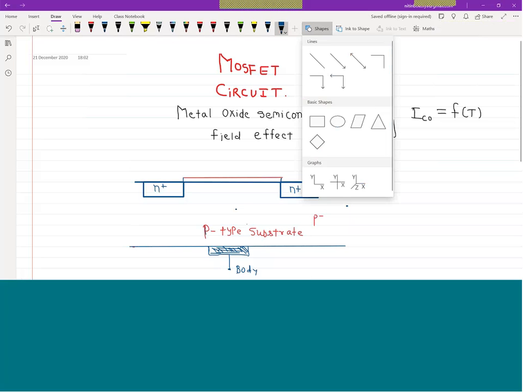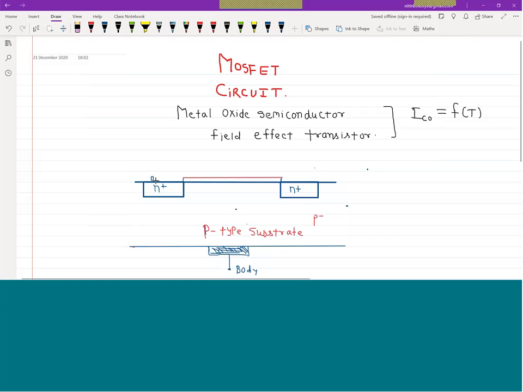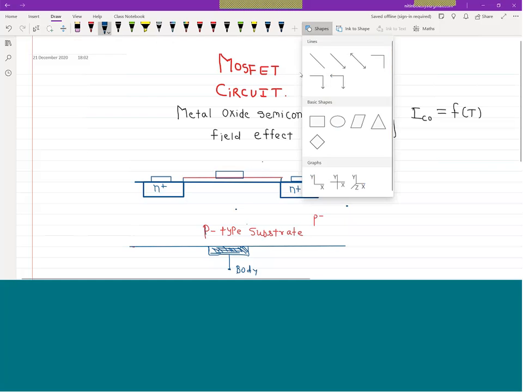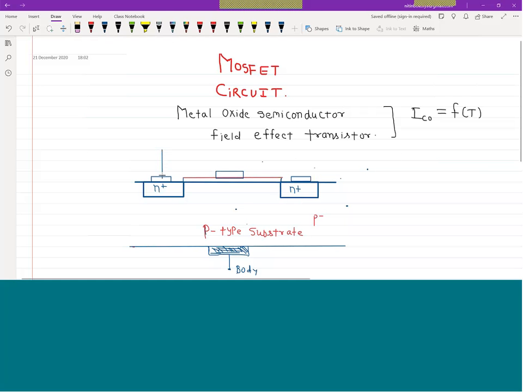So we can say this is one enhancement type MOSFET.